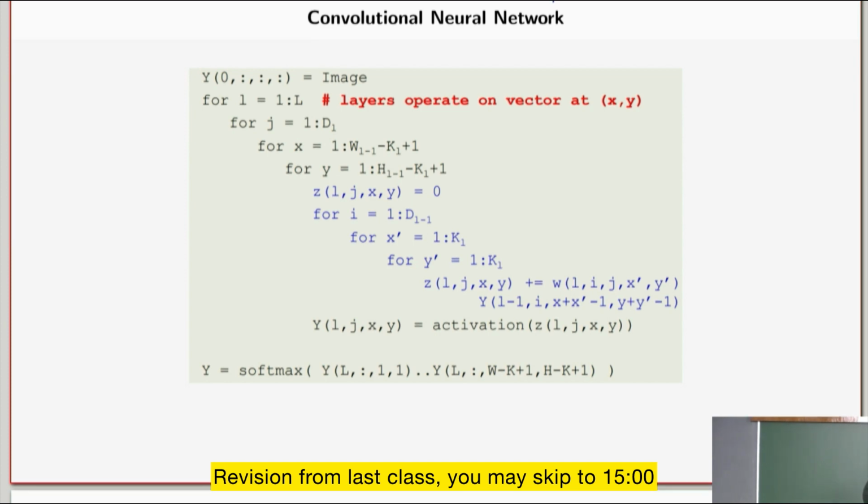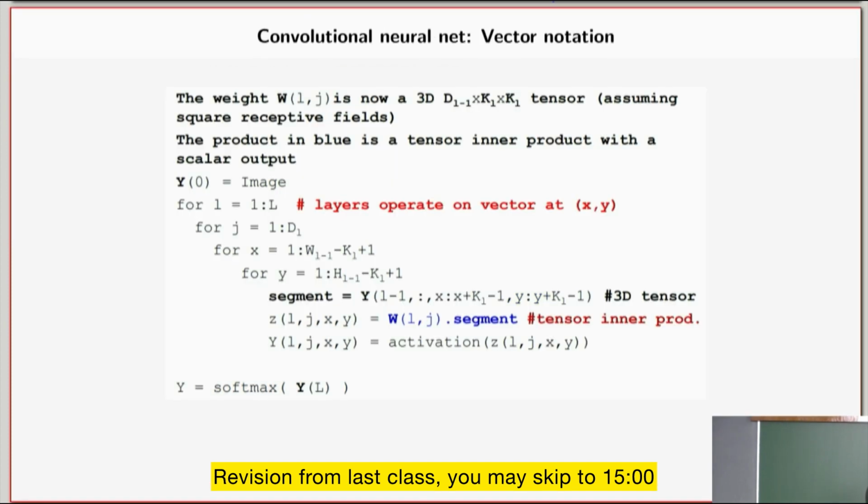So the number of pixels I'm scanning, I can take as a vector. That is the pixels I'm thinking of, and this is the segment I'm working on. Obviously the weights correspond to the number of pixels, because I want to do the linear combination. So that I loop has been thrown away. I don't want to go pixel-wise. Just take it as a whole chunk, which is a vector in this case.